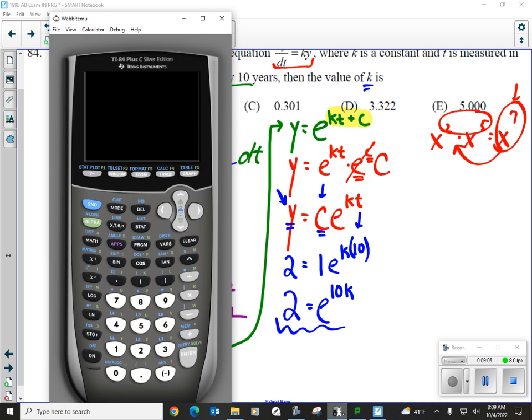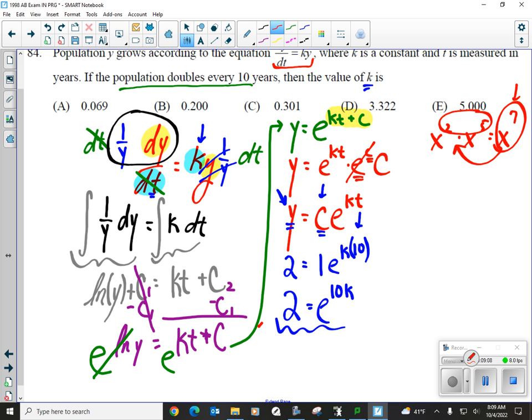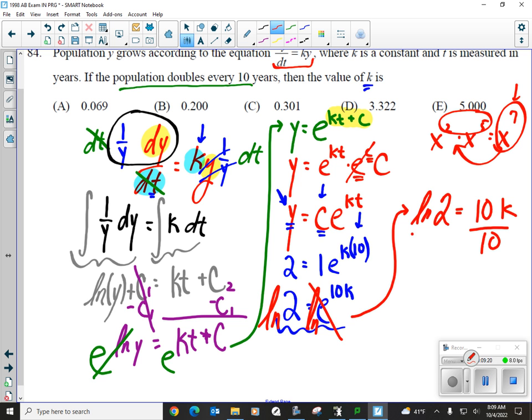You know what? That's probably what they would do. Take the natural log of this side, take the natural log of this side, and you have the natural log of 2 equals 10k, and I divide both sides by 10. So now I'm just going to put this in the calculator, and that's going to equal my k.